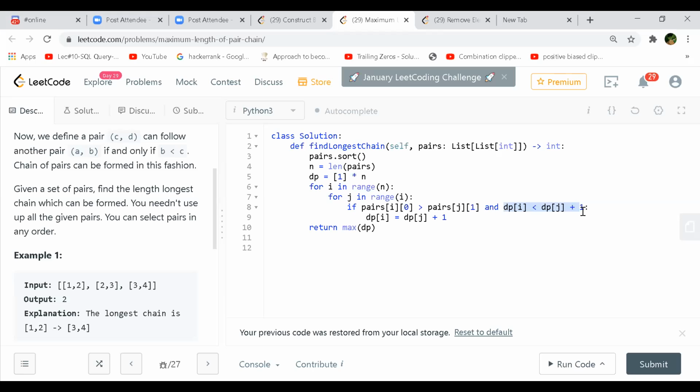But if you sort based on your end, then you can do all of this which you are doing on lines 6 to 10, populating the DP array in O of n time. So the whole algorithm will be n log n because the sorting takes n log n.